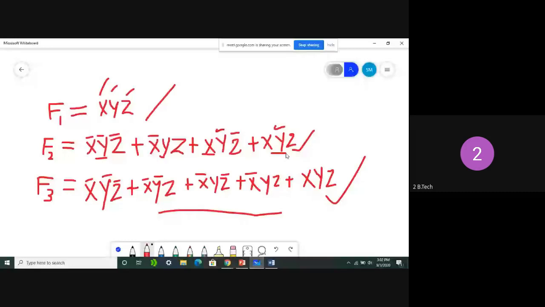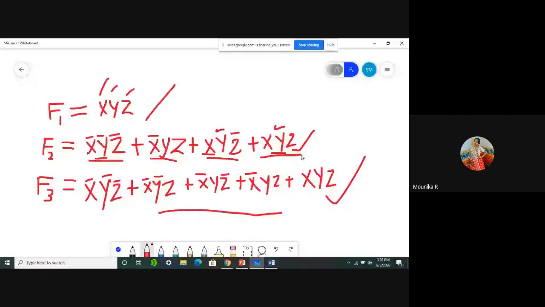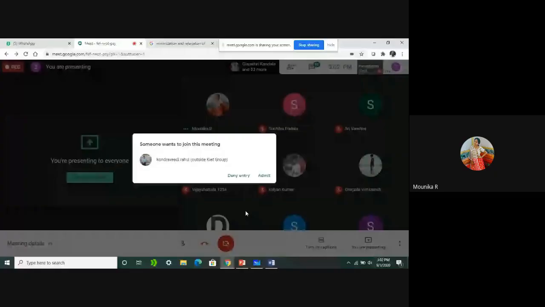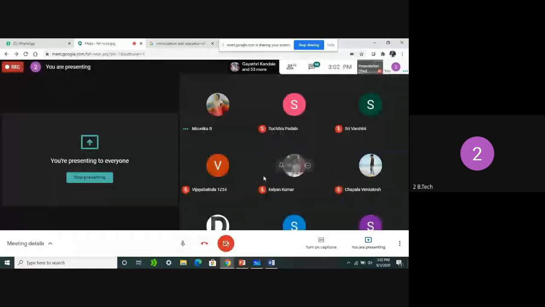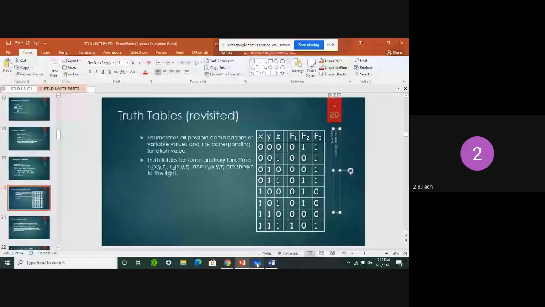In the first term a 3-input AND gate is there, and here also one more AND gate. How many AND gates? Count. 3, 4. 7, sir. 7 gates?